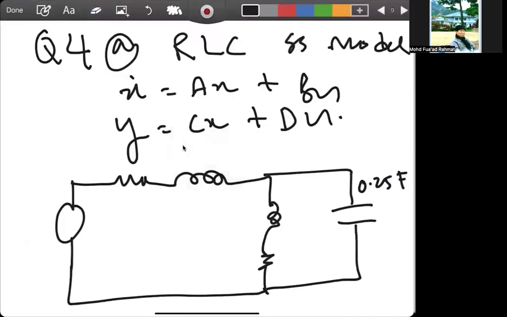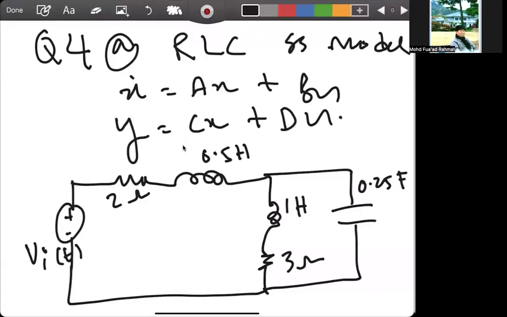R1 2 ohm, R2 3 ohm, inductance 0.5 Henry, 1 Henry, and the power supply is the input and output.